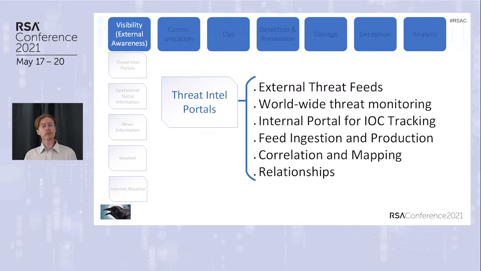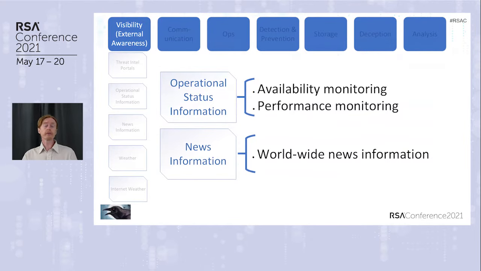All these things are part of our portal that allows us to understand information about our threats. We also want to have some sort of operational status tracking. And this is operational status of the information systems which we're supposed to be defending. If that system's down, we should know about it. If that system's performing poorly, we should know about it. And we should be able to use that information to help to inform our security-related insights.